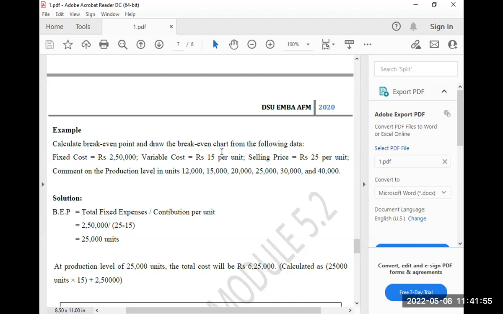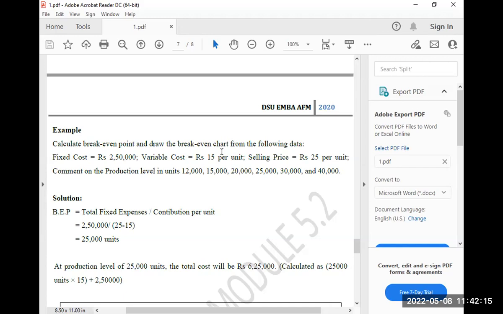The same table you have done so far, the previous income statement, we are going to do in columnar form for all these levels.